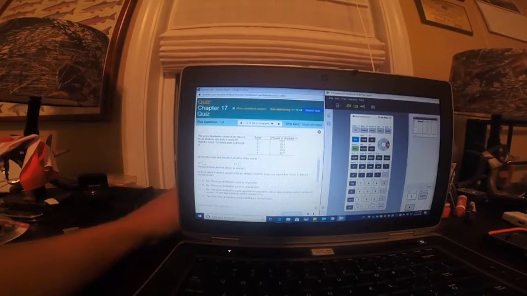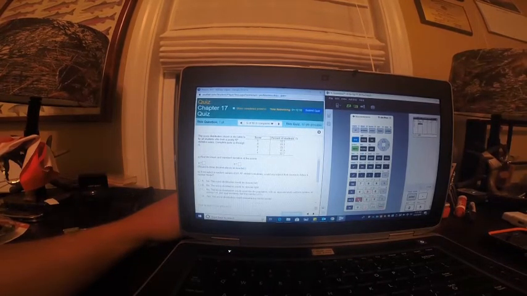Now, on this side, instead of percents, I'm going to write it as a decimal. So I'm going to write 0.121, 0.222, 0.251, 0.179, and 0.227.